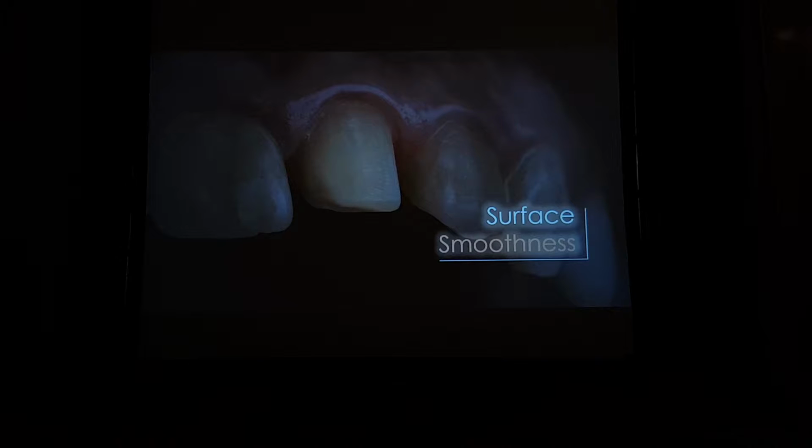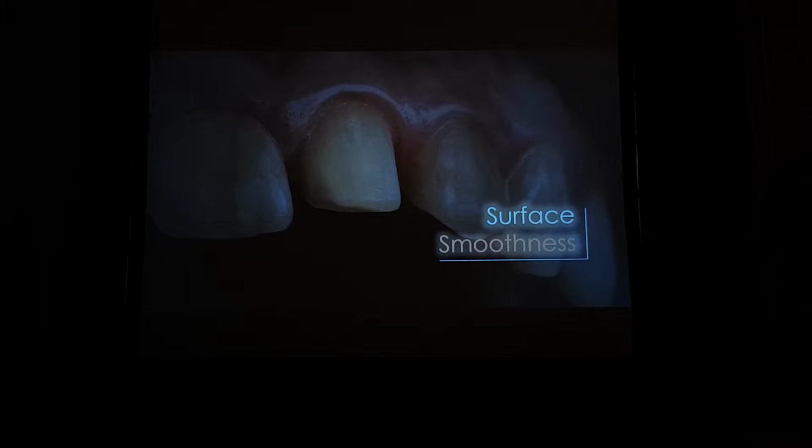Okay. The next one is surface smoothness. If the prep is not smooth enough, there will be some problems in both traditional and digital dentistry. Okay? But in traditional, the technician will help us to try in, right? Try in on the models. So when it comes to our hands, there are already no big problems.